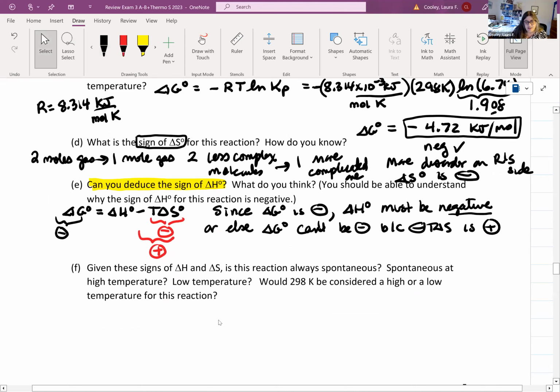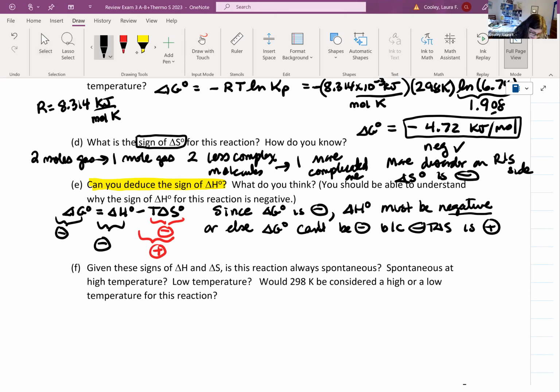All right, so now we know that the delta H has to be negative. We just determined this. Okay, so now we have 2 competing terms here in delta G. The delta H term makes delta G negative, but the negative T delta S term makes the delta G positive.